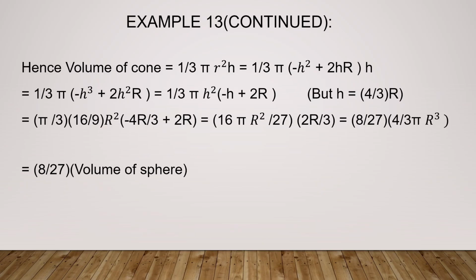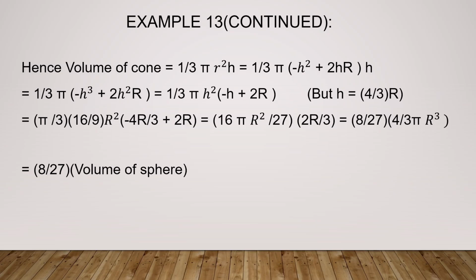So now in our example we have got the turning point. We know that the volume of the cone is 1 upon 3 pi r square h, in that when you put r square in terms of capital R, it is minus h square plus 2hR, into h. Already we have this formula, but we have found our turning point for which the volume is maximum, that is h is equal to 4 upon 3 R. Put h is equal to 4 upon 3 R over here, and you just simplify the equation.